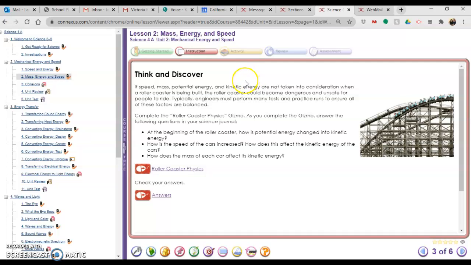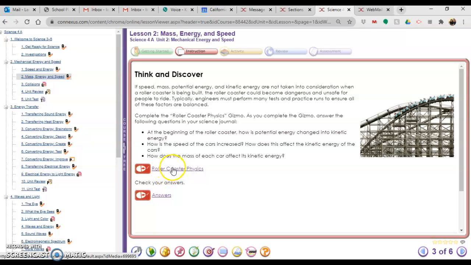First, I'd like to apologize because some of you reached out today to let me know that in the science lesson, Unit 2, Lesson 2, there's a step that is asking students to use a roller coaster gizmo, which is right here.